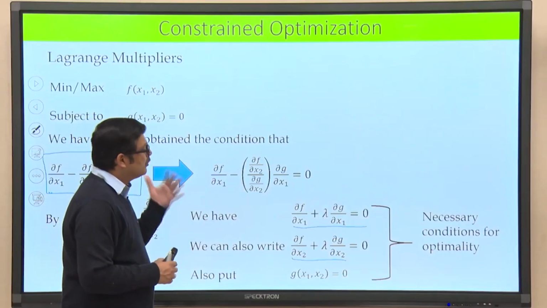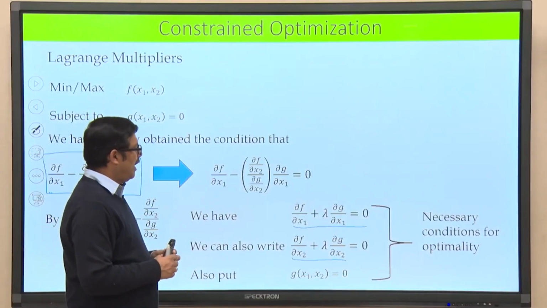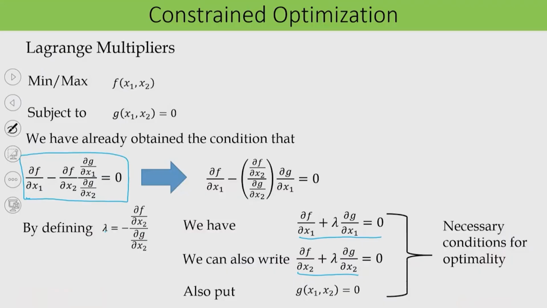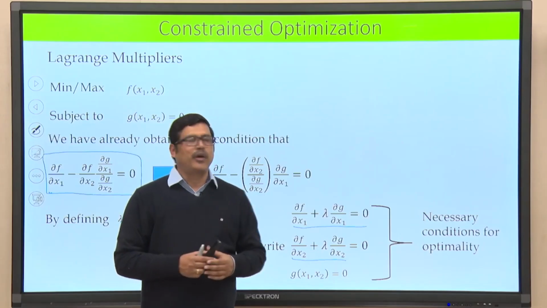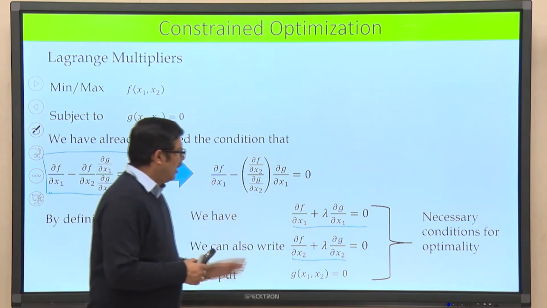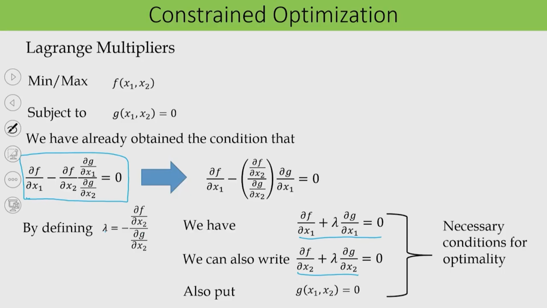Therefore, I can solve these three equations and find the values of x1, x2 and lambda, and whatever solution you get will be the stationary point of this particular function.